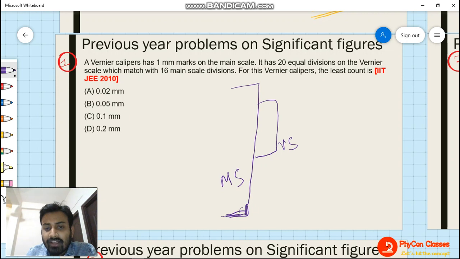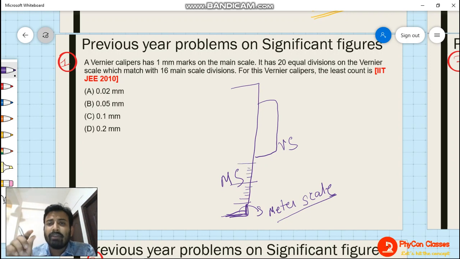The graduations on the main scale are the same as a normal meter scale, so the gap between two lines is 1 mm. The vernier scale has a different property: its graduations will not be equal to 1 mm, but something else, depending on the construction of the vernier caliper.